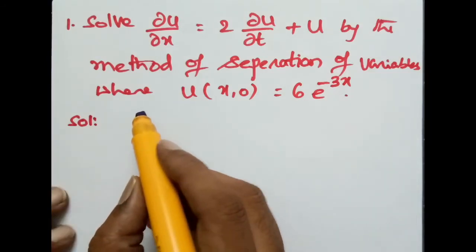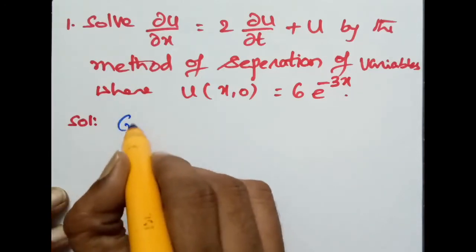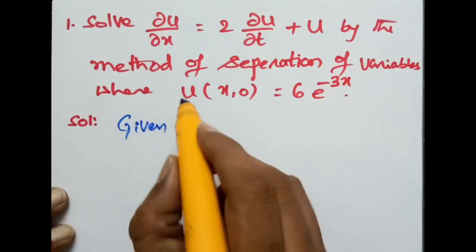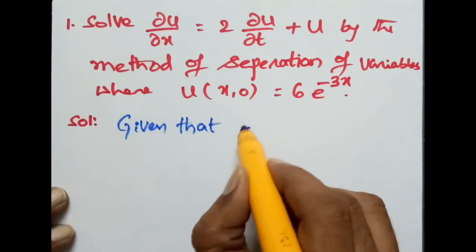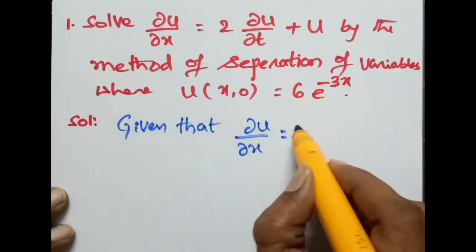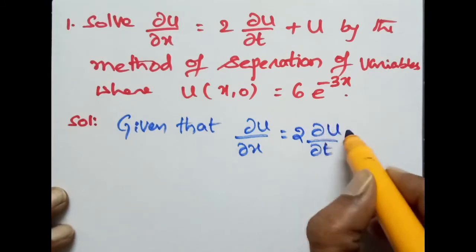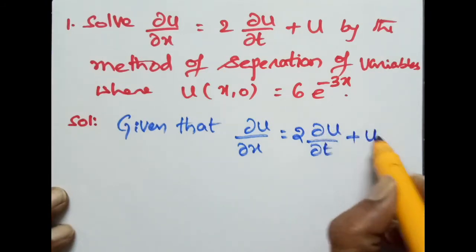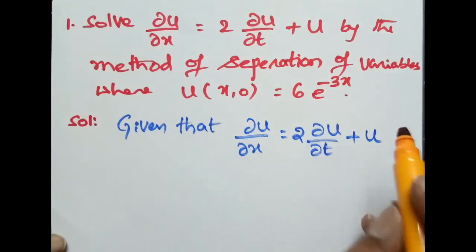First write down the given equation. Now given that ∂u/∂x = 2 ∂u/∂t + u. Say this is equation number 1.